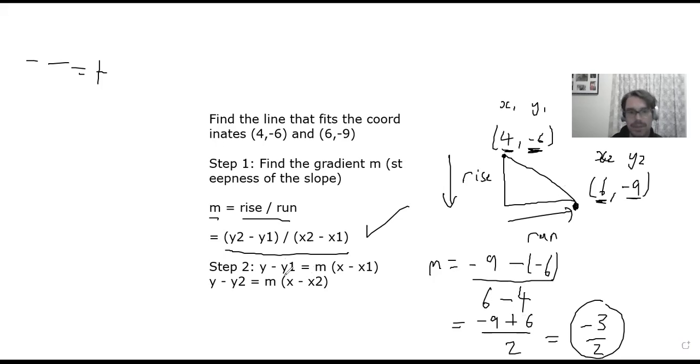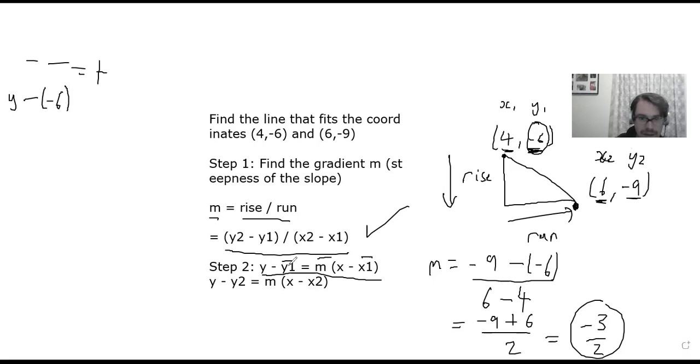Now for the second step, we're going to take this formula and put in our y1 and x1, and m, of course. I'll write it up here. Y minus y1. Y1, as we saw before, was minus 6. I'm going to put that in brackets.